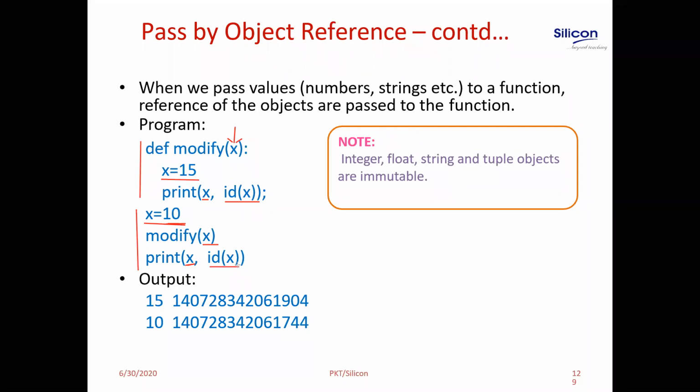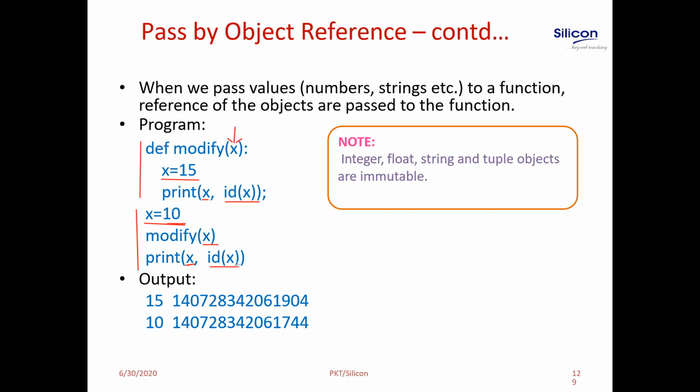This also happens in C language. If you pass something by value, you will see that it is not modified in the function itself, and when calling back from the function we get the same value. So this happens for immutable objects. That means pass by value in C is equal to passing immutable objects to the function.